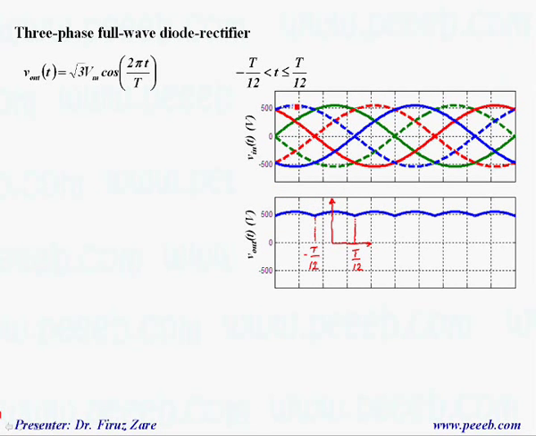Over one cycle we have 6 pulses, 1, 2, 3, 4, 5, 6, and then we can find the pulse width. That means T over 6 is the pulse width of each section.